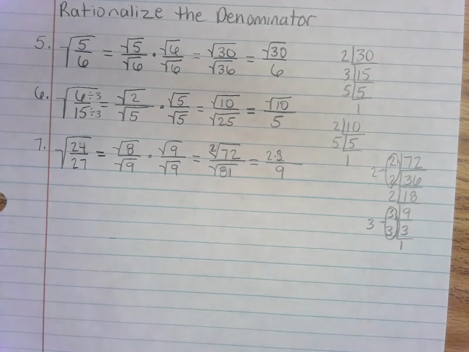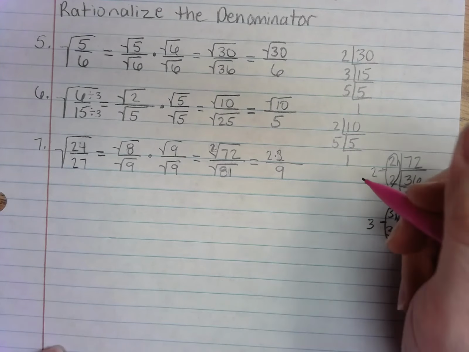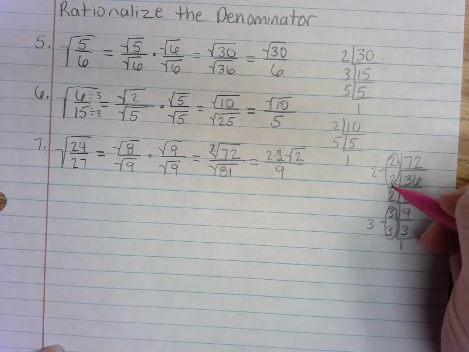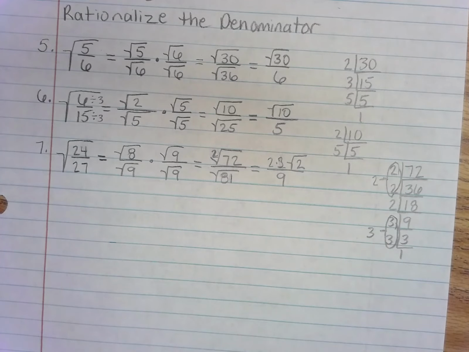The 2 that did not have a partner or a pair to be with has to stay inside the radical. So the square root of 2, this one here, has to stay inside the radical because it did not have a partner or a pair to go outside with.